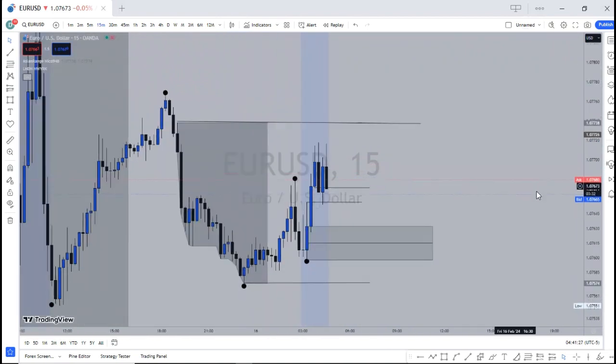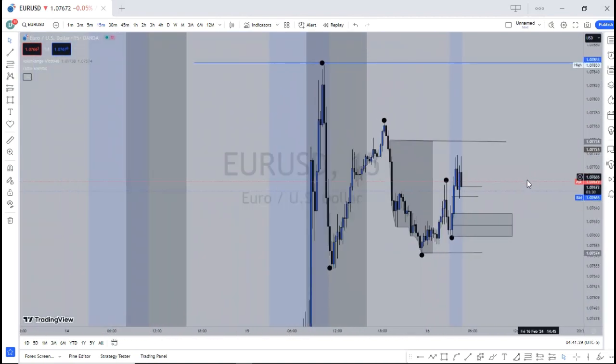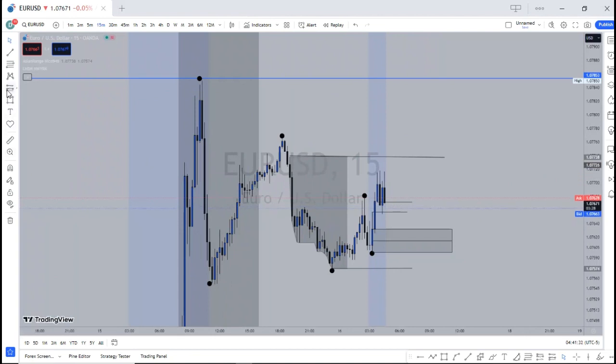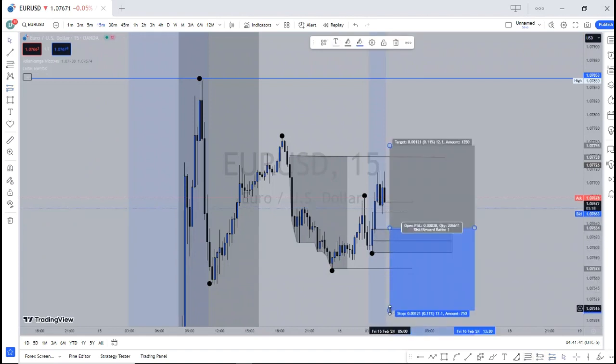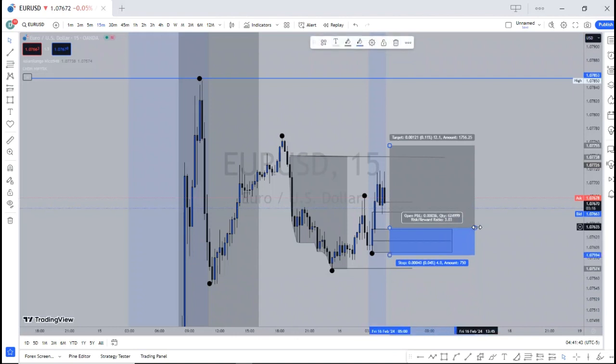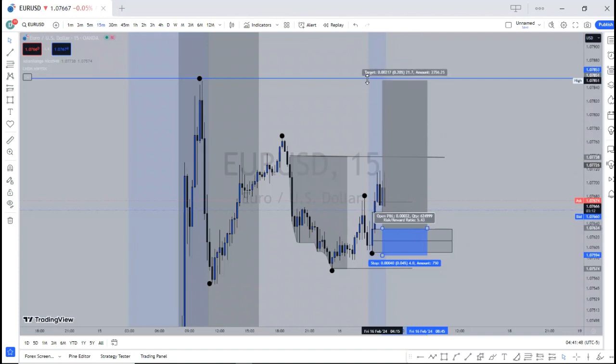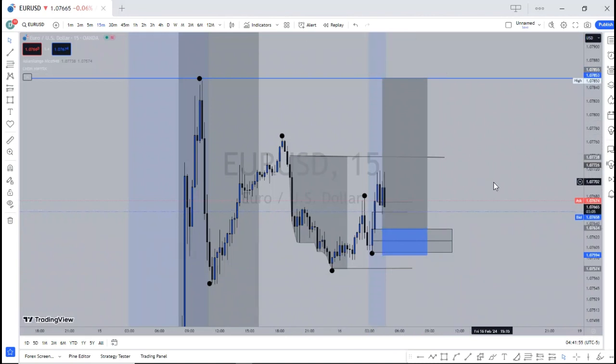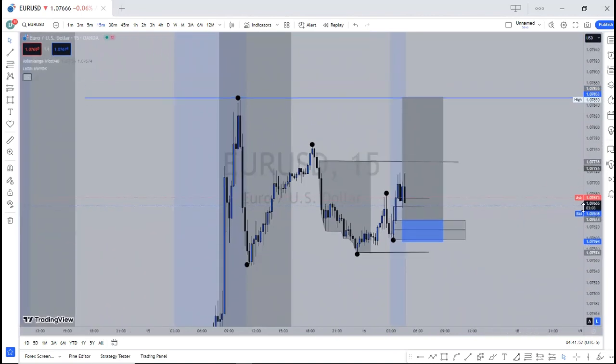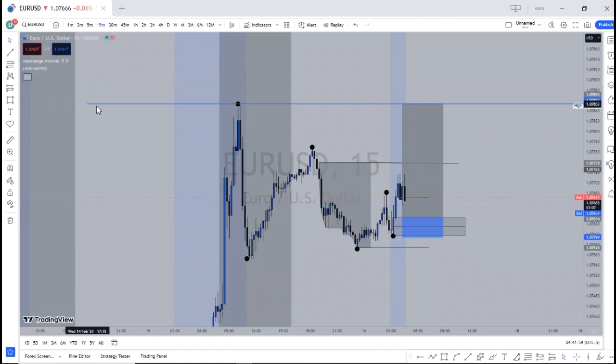If I have to look for my buy setup, I want to see a buy from here. That is my discount price, and just target that high, and I'll be done for day trading or scalping, or is it intraday?